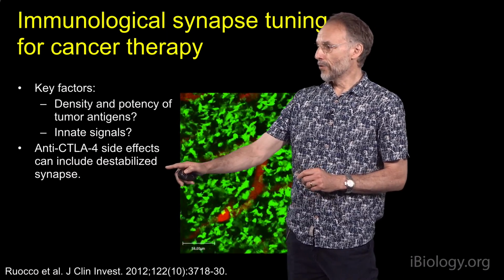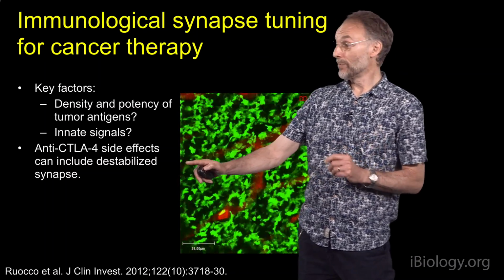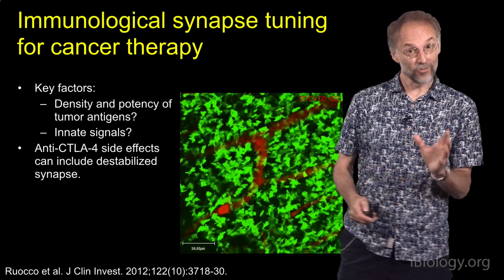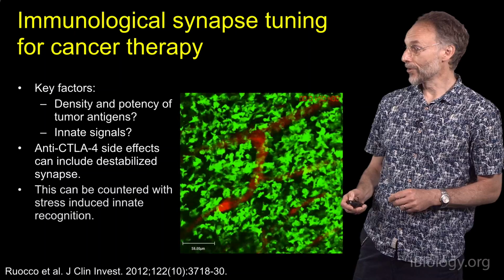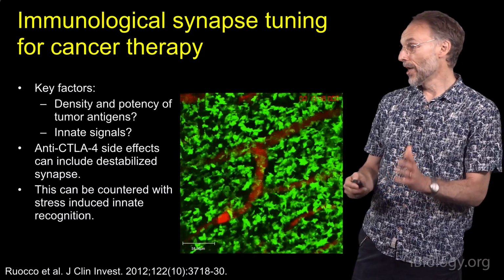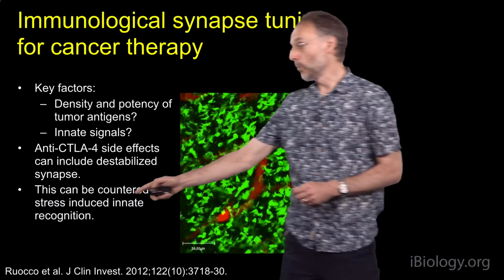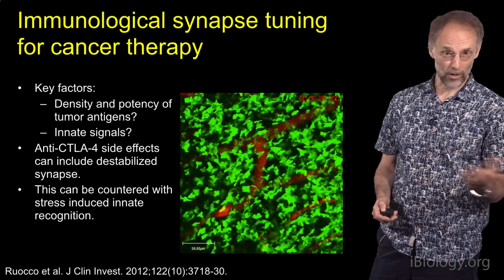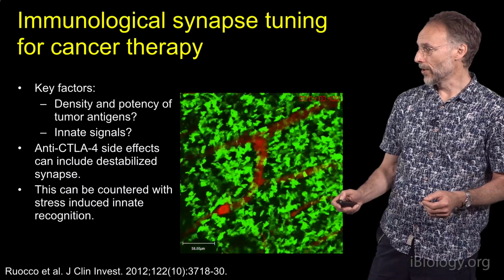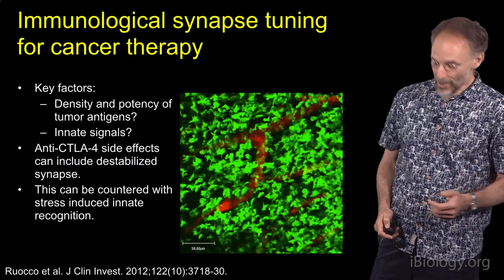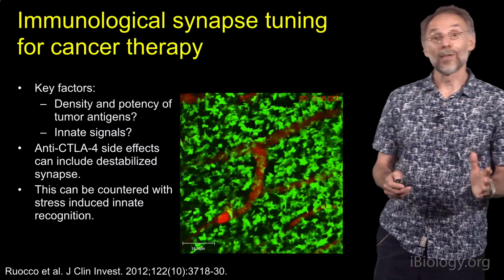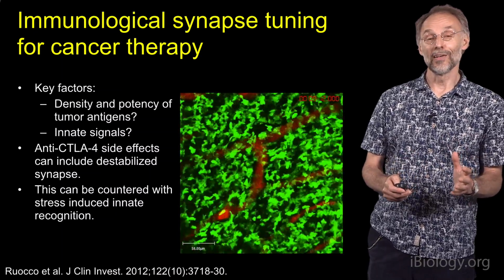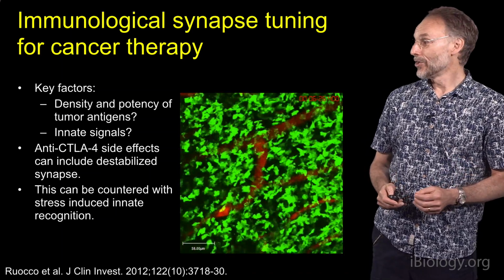So this anti-CTLA-4 side effect of synapse destabilization can be counteracted in this case by radiation therapy. But we think the more specific thing it's doing is engaging this other signaling pathway that stabilizes the synapse, and essentially this stress-induced molecule, the NKG2D ligand called RAE1, which is another detail. Again, it's in this paper. So again, that's an example of using information about the immunological synapse to think about mechanisms in disease and disease treatment.